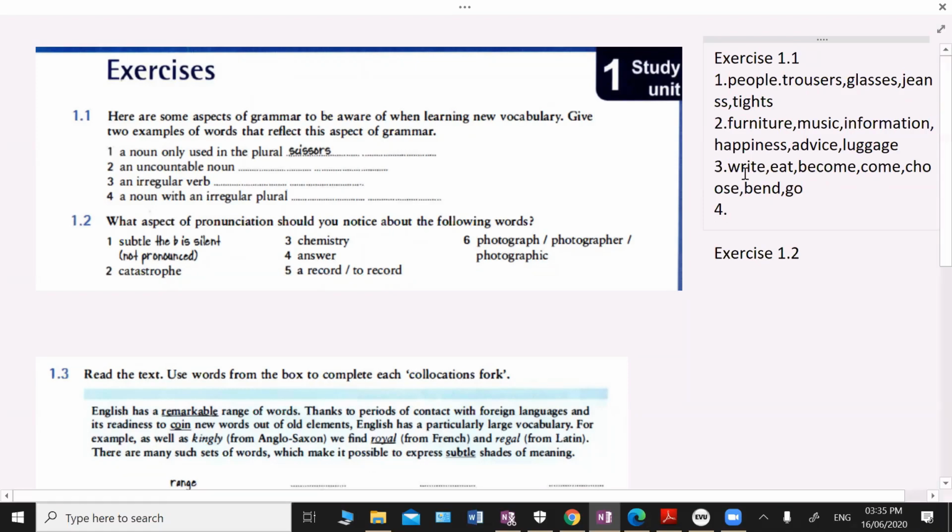Number 4, a noun with an irregular plural. Mostly when we have a plural, we add s or es, but sometimes we change. Let's say, for example, tooth. Now its plural is irregular. Foot.